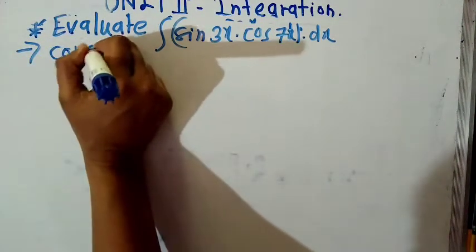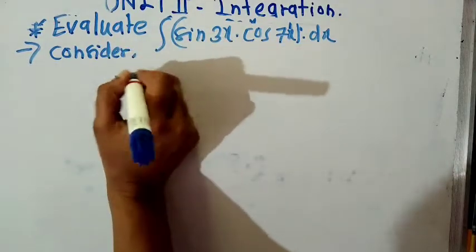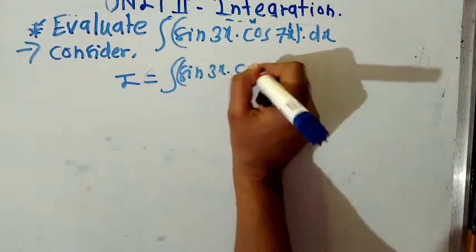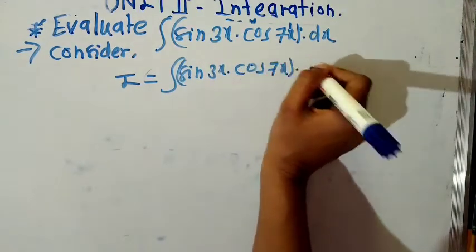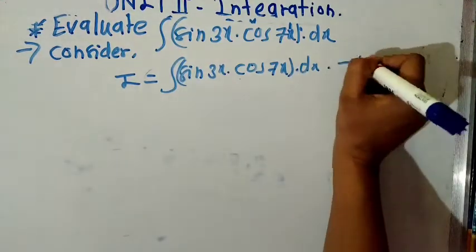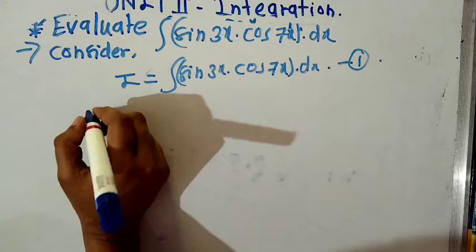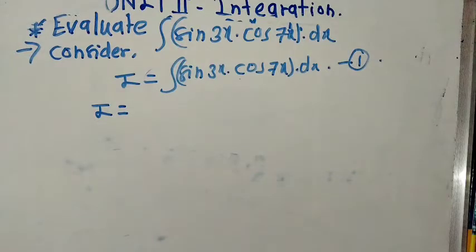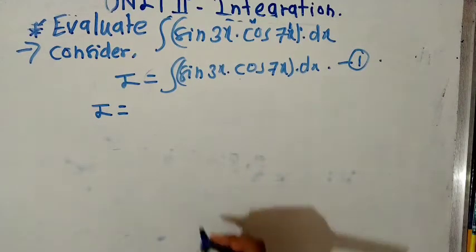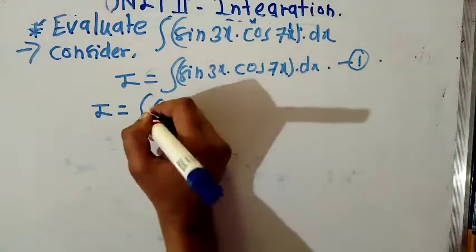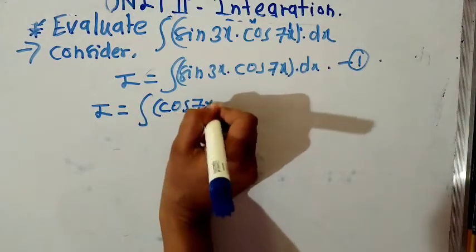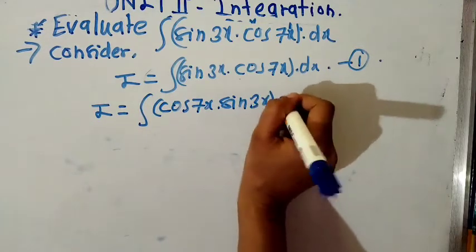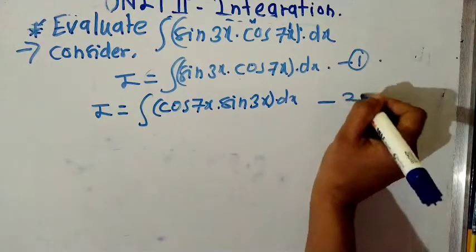So first of all, consider I is equal to integration of sin 3x into cos 7x into dx. This is first equation. Then suppose first cos 7x into sin 3x into dx. This is second equation.